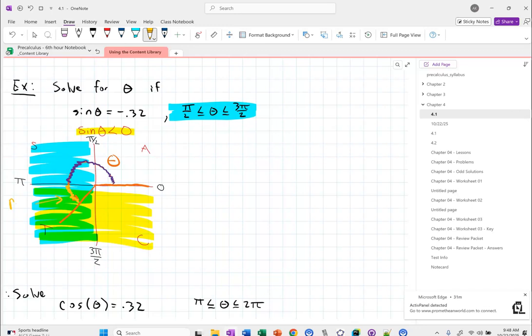This angle here is called a reference angle. That reference angle is always made between the x-axis and the terminal side of your solution. We repeat that because it's important. The reference angle is always drawn between the x-axis and the terminal side of your solution. Okay? Never y. So far, so good?